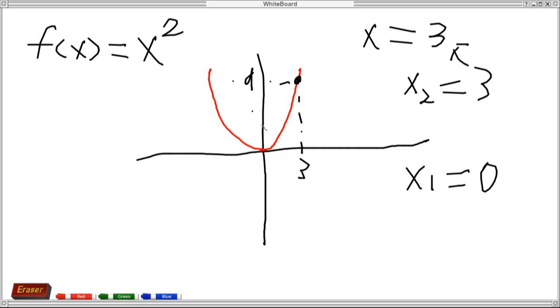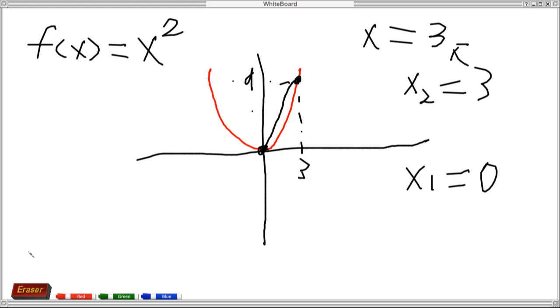Considering your secondary point is here and your primary point is here, you're getting the average rate of change, which means that you jump across directly from here to here, but you're not considering the overall curve, which means that there's a lot of error if you're considering average rate of change.